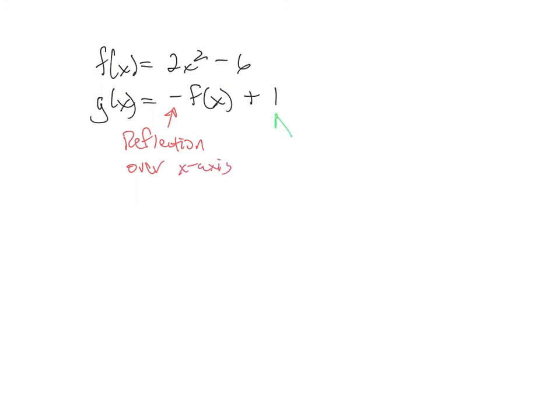And this positive one at the end, that's the translation up 1. So you could have more than one, but it's the same information, the same location. If it's plus or minus after it, it's a translation. If it's negative before the f of x, it's a reflection. If there's a number in front of it, it's a stretch or a shrink. Bigger than 1 is stretch, smaller than 1 is a shrink. Okay?